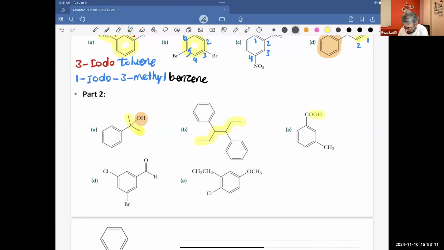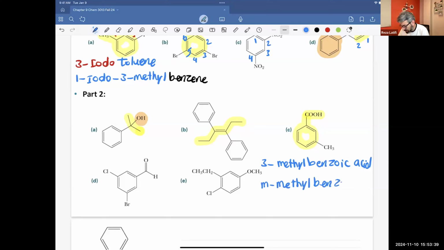And here we have a carboxylic group attached to the ring. So this one, the base will be benzoic acid. You have a methyl, so you can say 3 methyl benzoic acid, or you can say meta methyl benzoic acid.